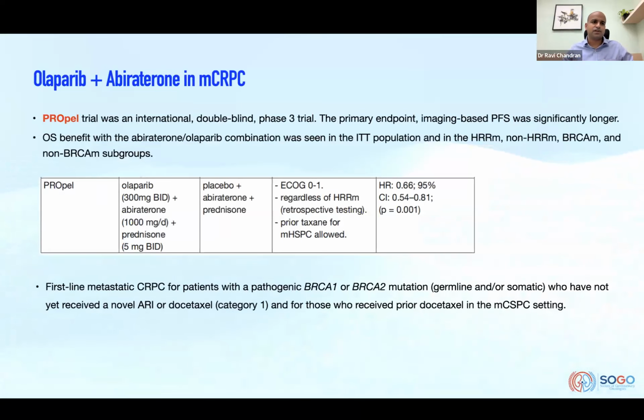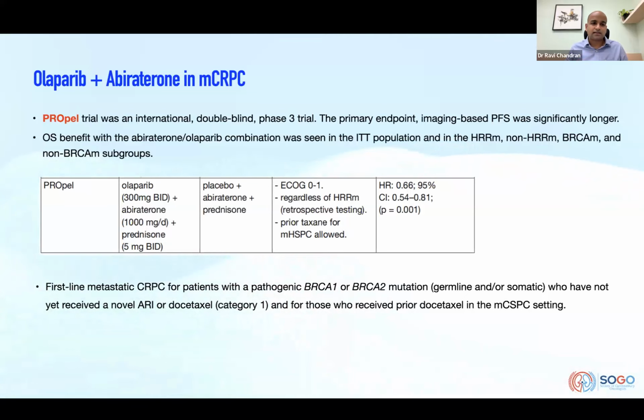Next, coming to our new players like PARP inhibitors, there have been a couple of drugs like olaparib, rucaparib, and niraparib. Olaparib in combination with abiraterone was evaluated in the PROPEL trial. It was a phase 3 trial with a primary endpoint of image-based progression-free survival, which was significantly longer in the PROPEL trial.